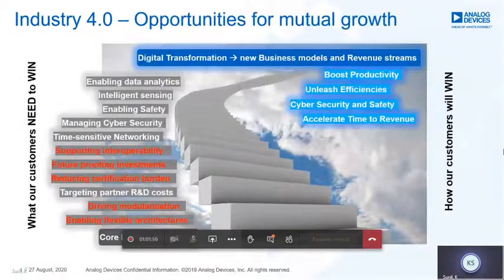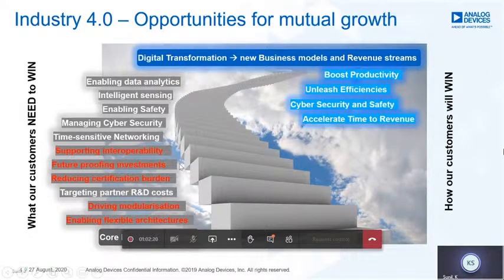So on the right, we just highlighted some of the value proposition which Industry 4.0 is going to bring in. And as I said before, it's all about sensors out there in the field, intelligent sensors, connectivity, and then efficient analytics, safety. But I just highlighted few of the specific value proposition which is going to be of interest when we talk about software configurable I/O.